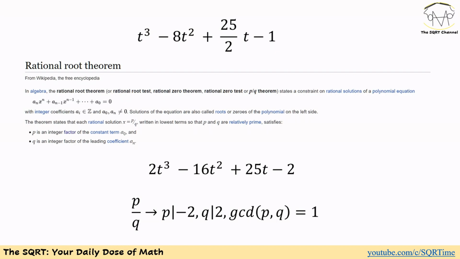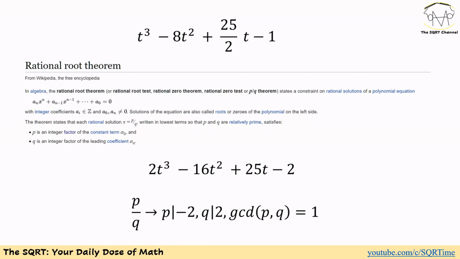Basically, the polynomial that we have is t to the power of 3 minus 8t squared plus 25t over 2 minus 1. To solve this polynomial, we are going to use the rational root theorem.